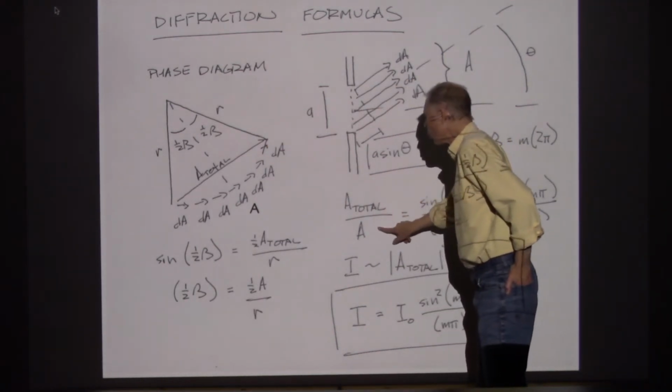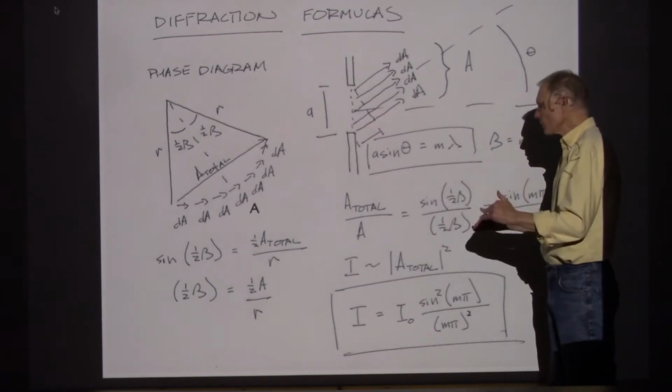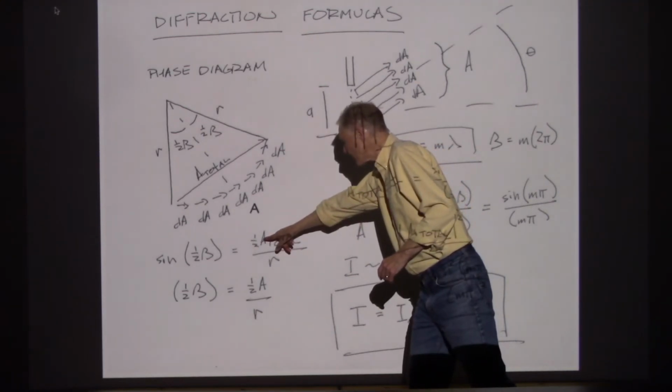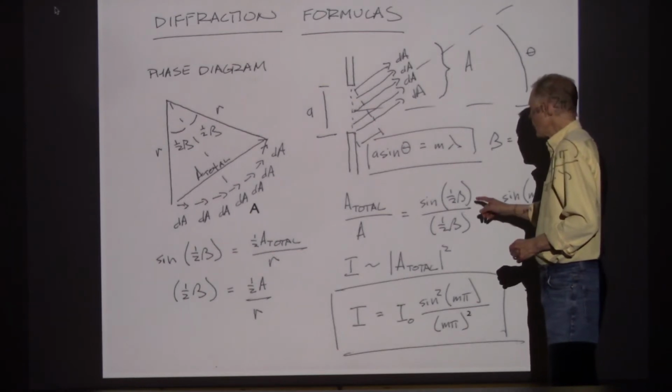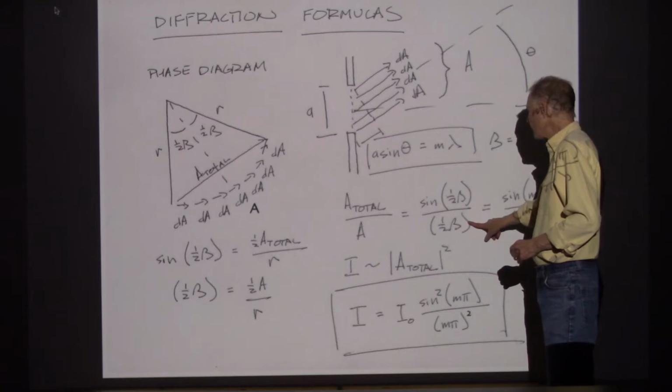Well, A total over A, according to that formula, the r's will cancel out, the 1/2s will cancel out, and what we're going to end up with is sine of 1/2 beta divided by 1/2 beta.